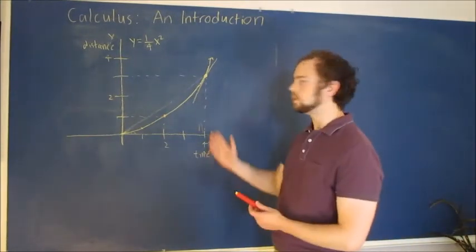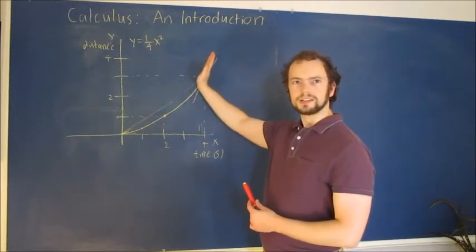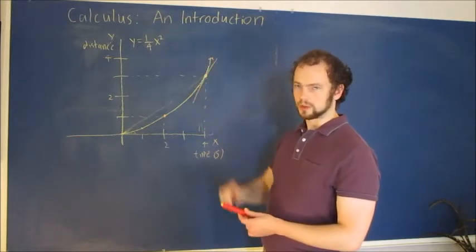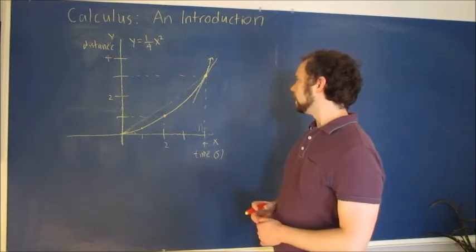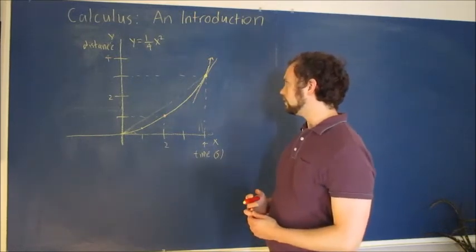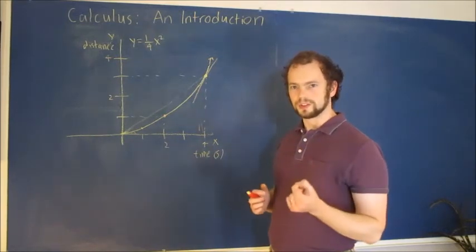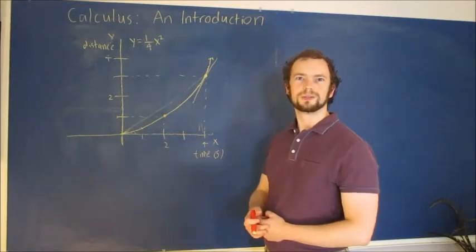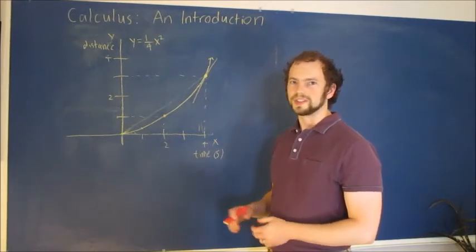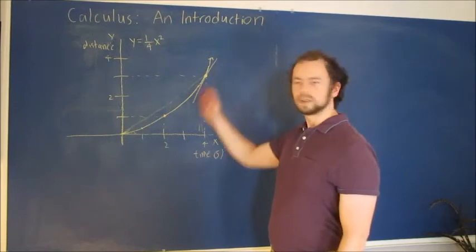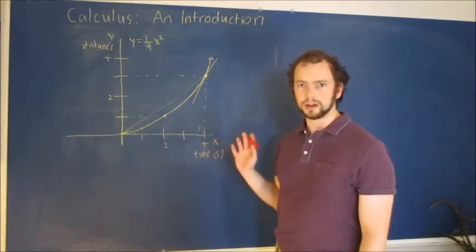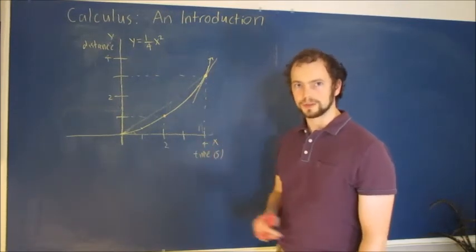So it kind of gives you an idea of the instantaneous rate of change. That would be the ideal, but this was a very difficult problem to solve, and there's really no way to do this just using the mathematics of straight lines, okay?